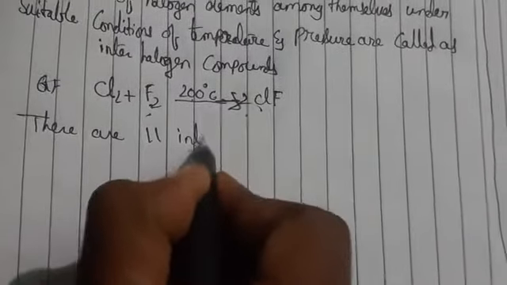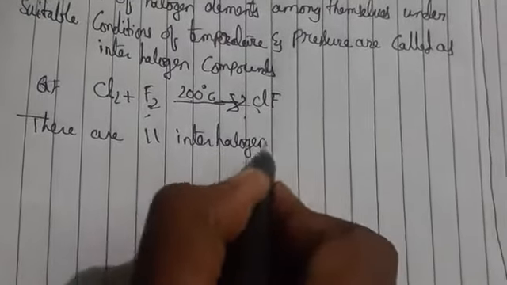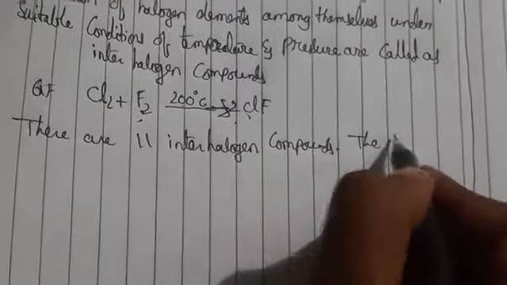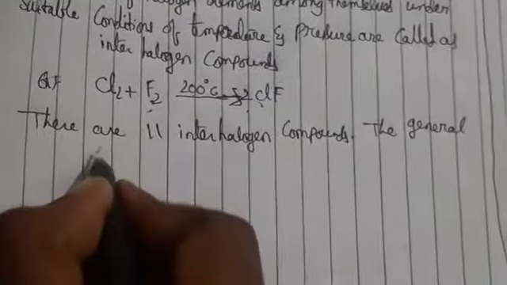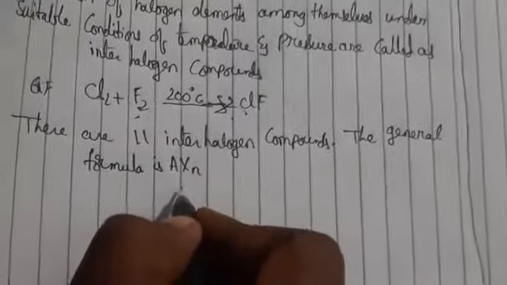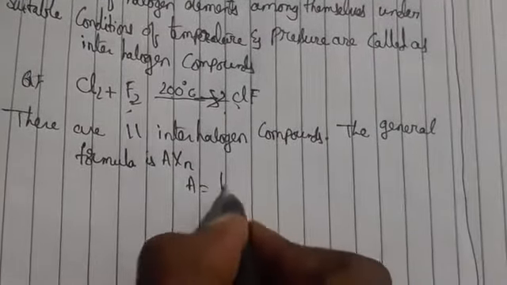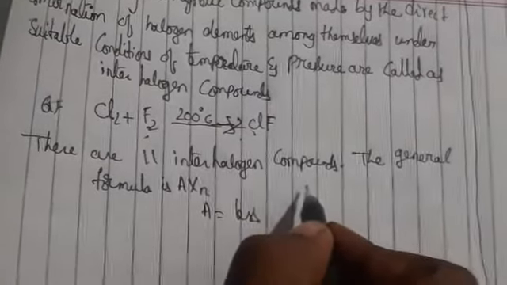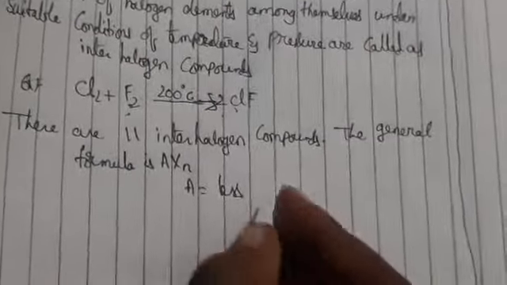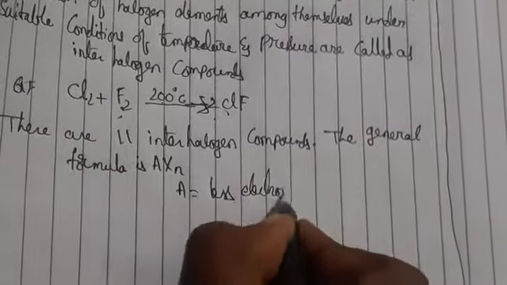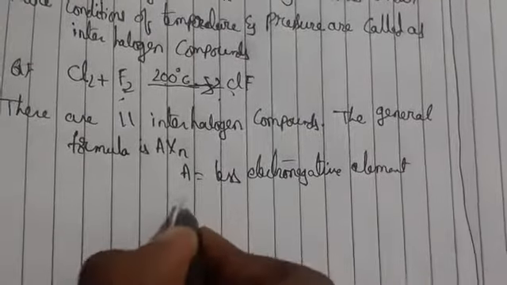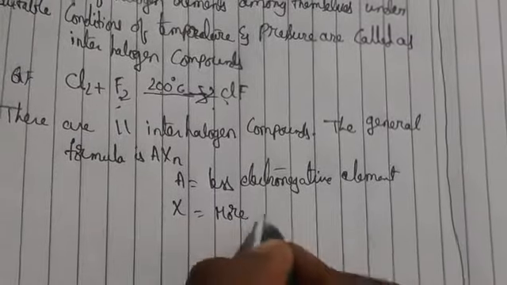Here the general formula will be AXn, where A indicates the less electronegative element and X is the more electronegative element.